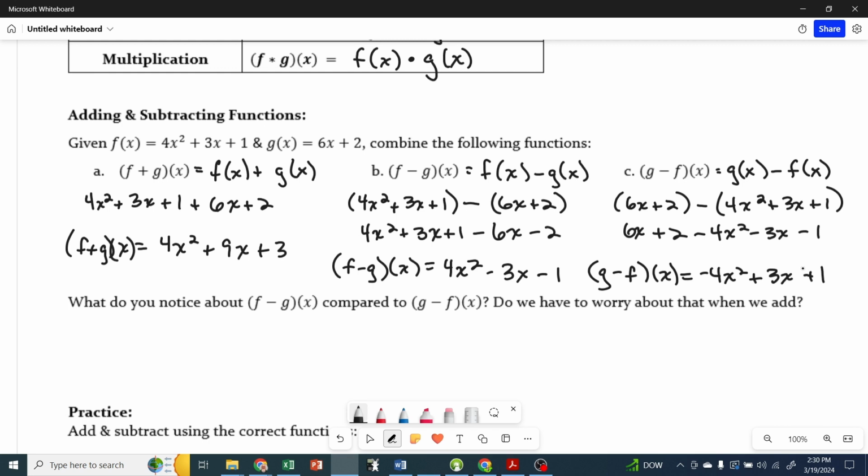The signs change when we subtract one from the other, right? All right, so the signs changed. And we don't have to worry about that when we add? No.